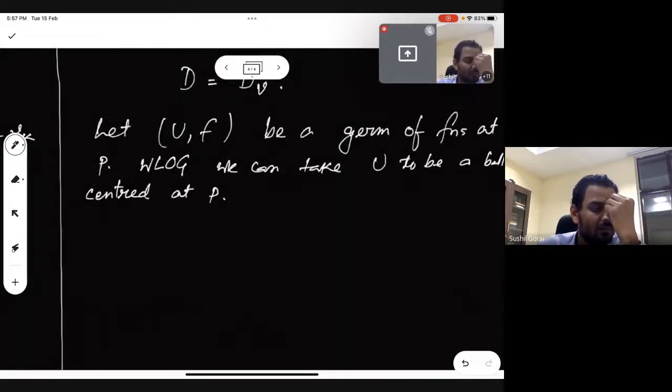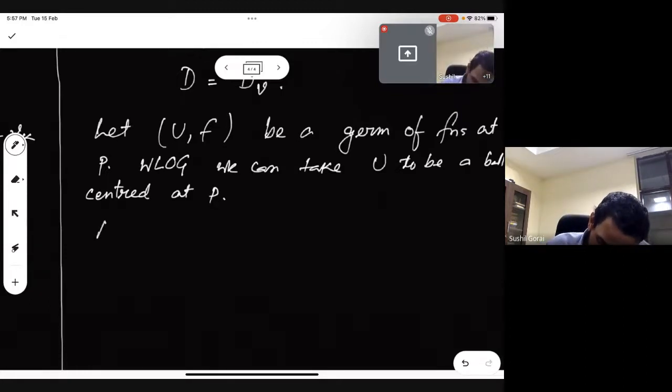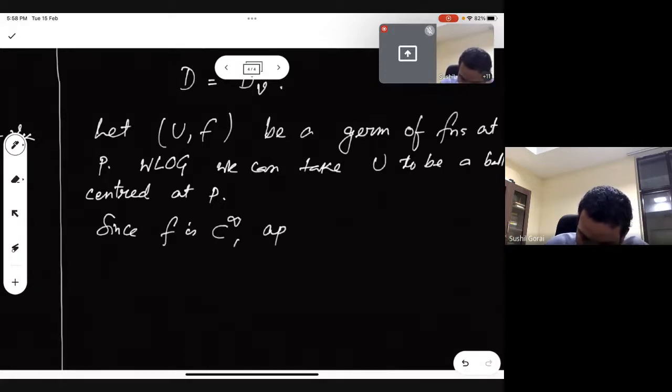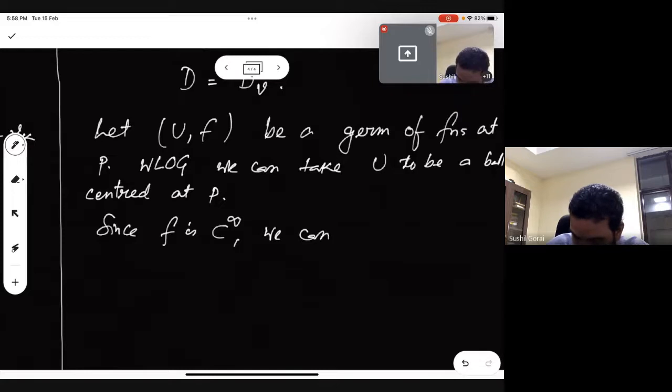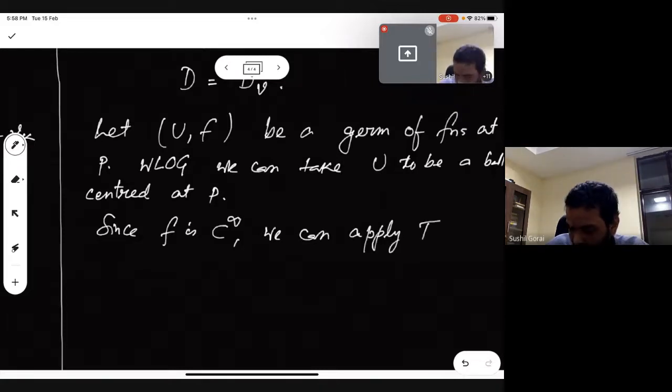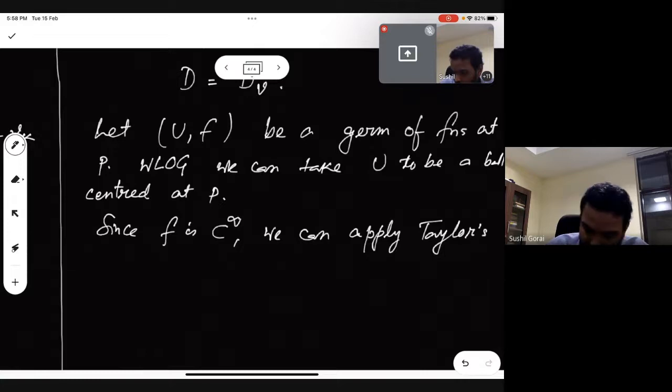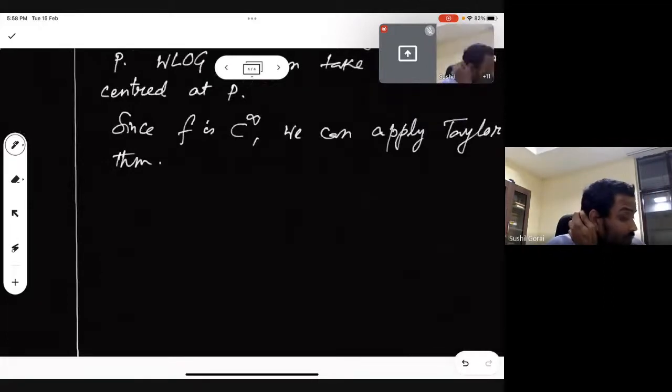All right. Now, what you need to do is apply Taylor's theorem first, right? Since f is C infinity, we can apply Taylor's theorem. This part you have not seen; if you have not seen it, it is an exercise.